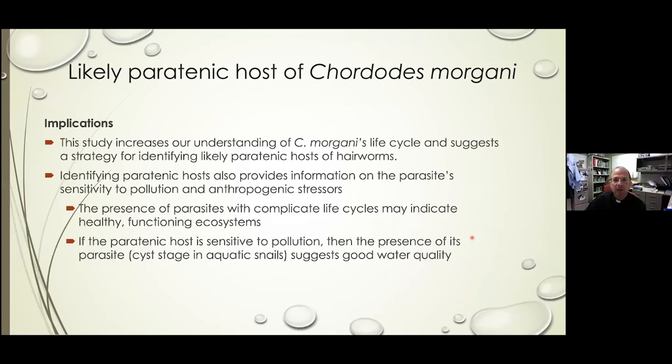But in this case, these flat-headed mayflies, relative to other invertebrates in the creek, are pretty sensitive to pollution and other stressors. And so, again, it plays into this idea that if you have parasites or these complicated life cycles, it could indicate a healthy, functioning ecosystem.